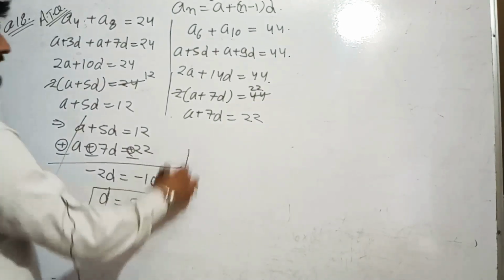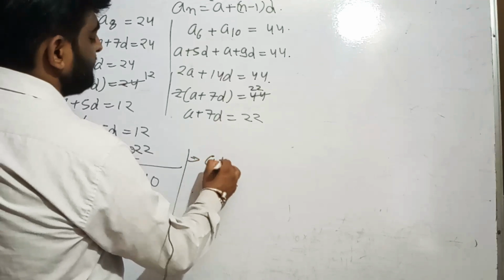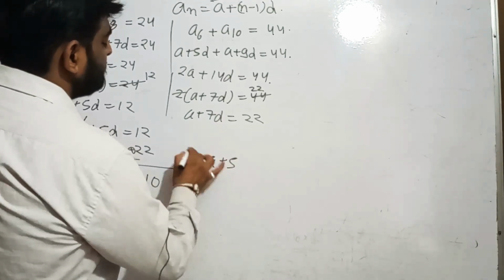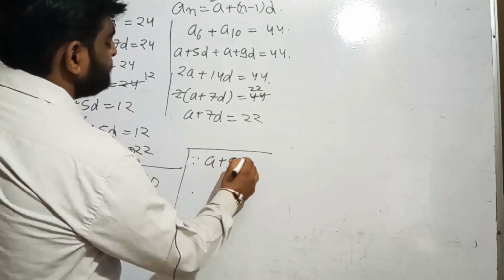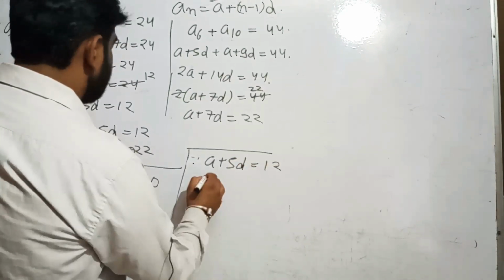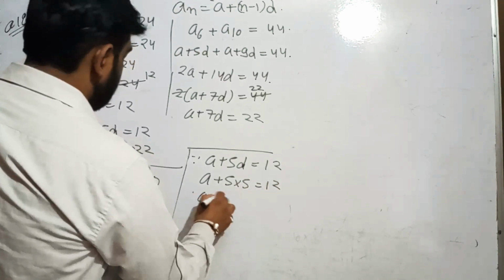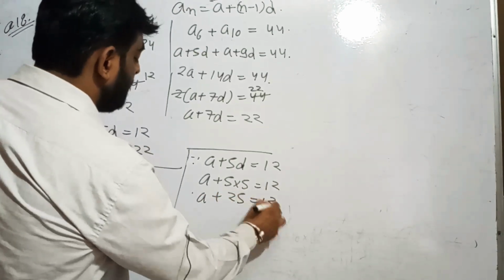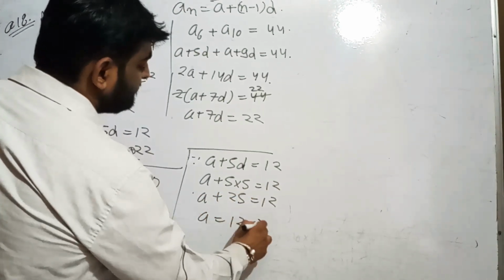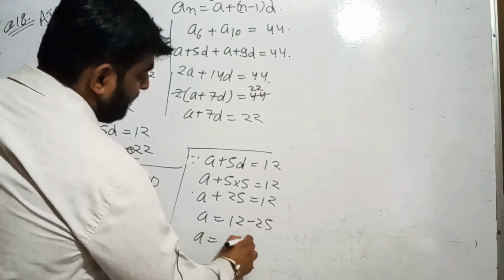Then put the value of d in the equation a plus 5d equals 12. So a plus 5 into 5 equals 12, a plus 25 equals 12, then a equals 12 minus 25, then a equals minus 13.